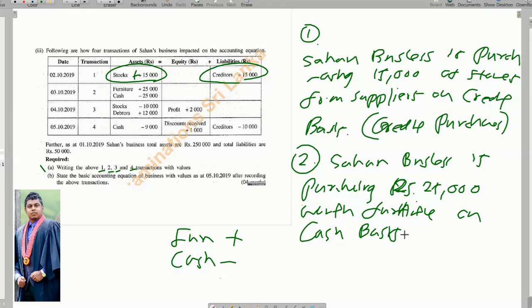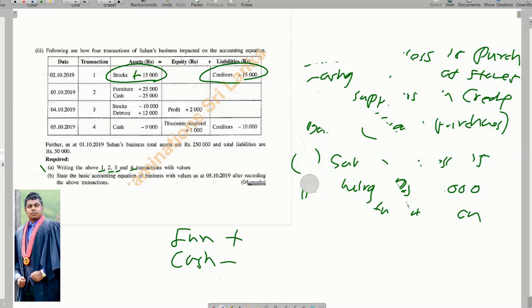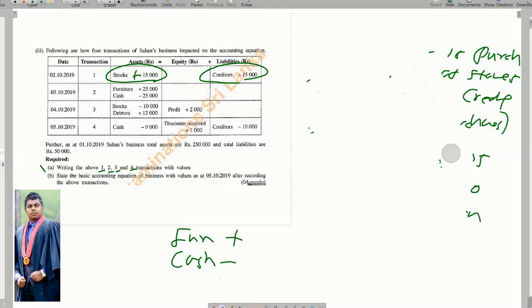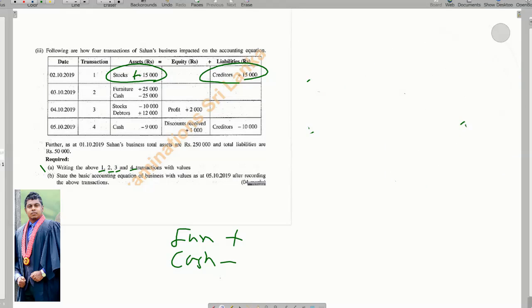So you are required to identify the relevant transaction by identifying the amount. So you are required to explain the transaction. In this basic version, normally we are giving the transaction and you are required to do the adjustment, right?